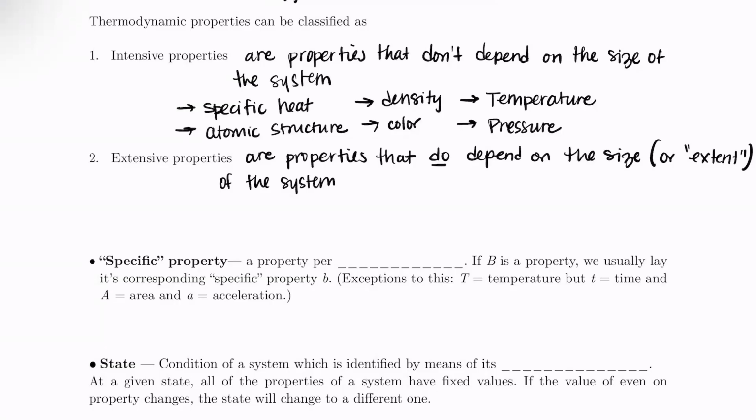Can anybody think of properties that we tend to care about or measure that would depend on the size of the system? Volume, yes, good. Any others? Yeah. Mass, great. Anybody have any other ones? I have one more listed that I want to put on the notes. Yeah.